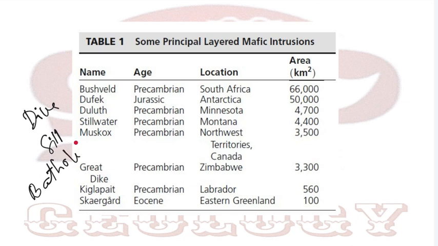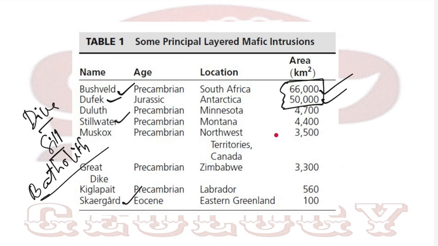So Bushveld, Stillwater, Skaergaard, these are all batholiths. Okay, and see the extent. Bushveld is almost 60,000 square kilometers. Very huge intrusions in the world.